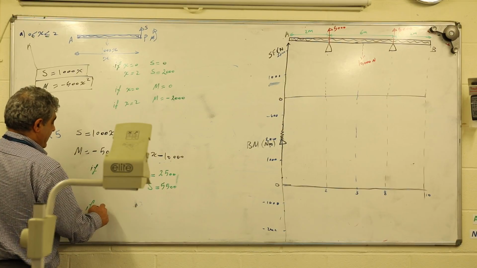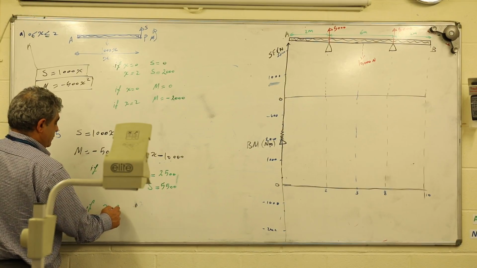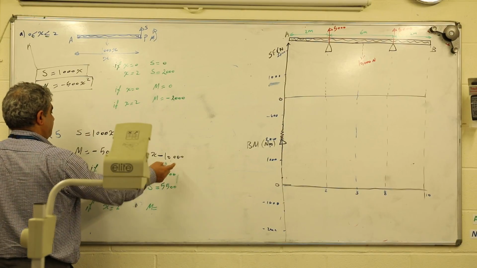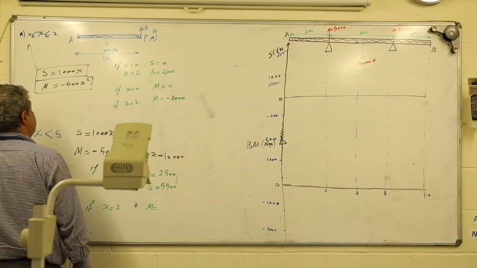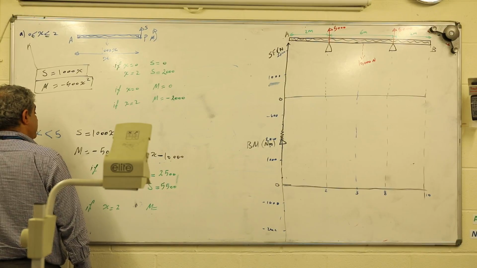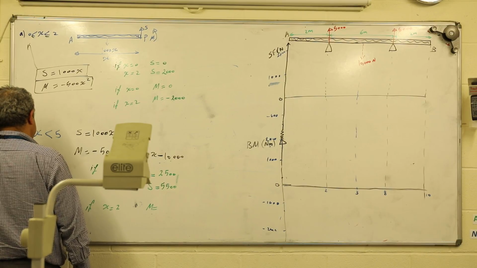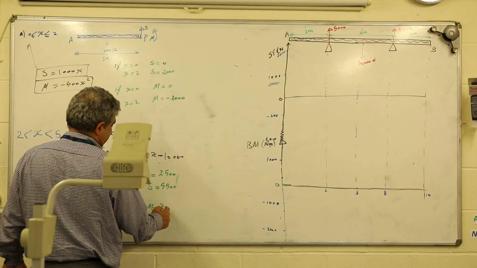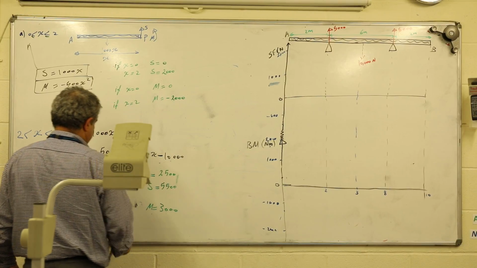If x is equal to 2, m is equal to minus 2000 plus 5,000 times 2, which is 10,000. Are you sure? Minus 500x squared is minus 2,000.